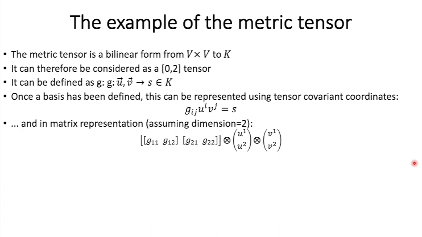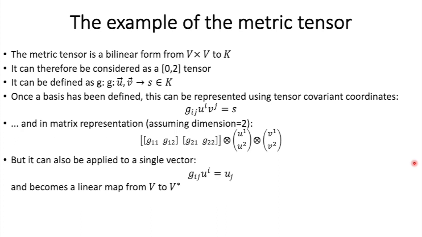Now, it can also be applied to a single vector like that. And now there is an interesting thing happening here: it will have the effect of lowering the index of the vector that you use here, and so transform the vector into a covector in the dual space.